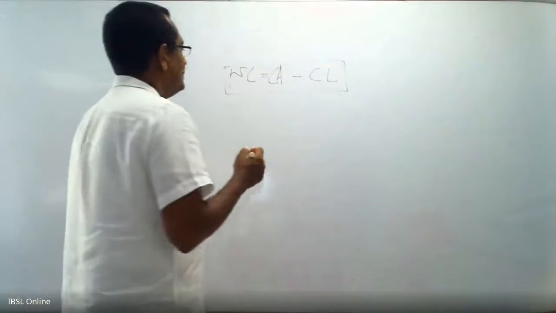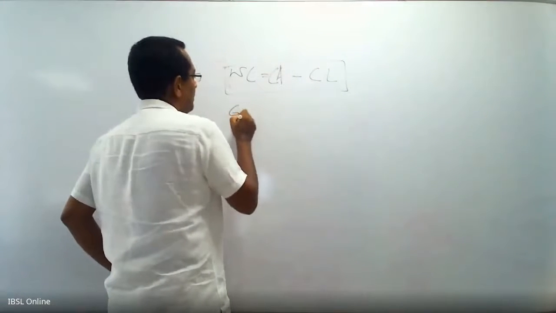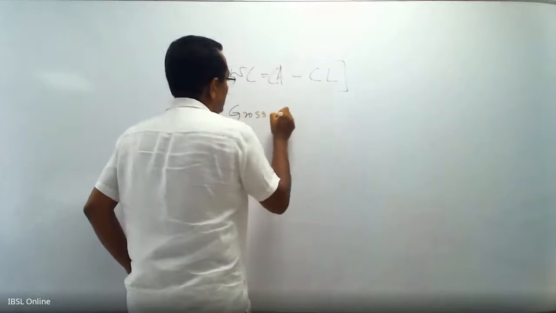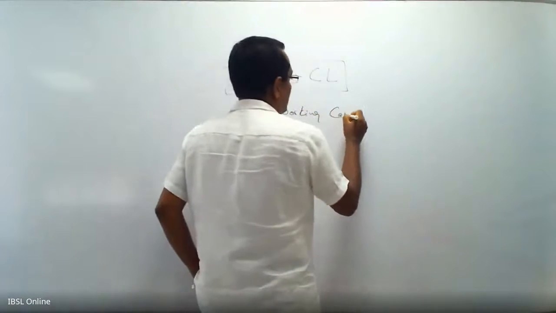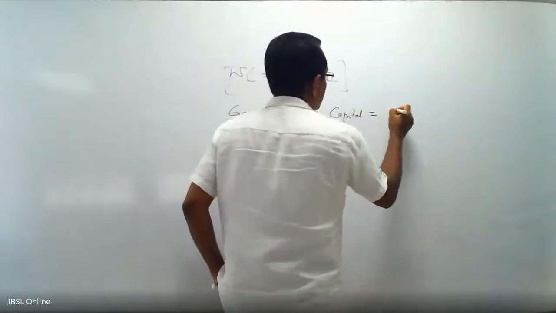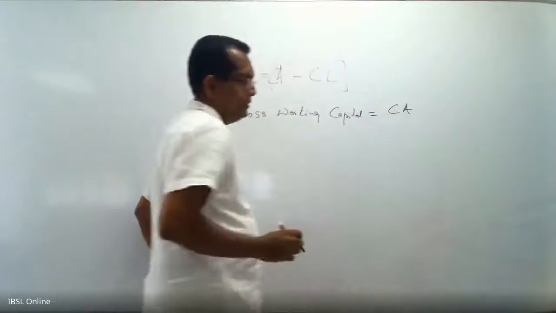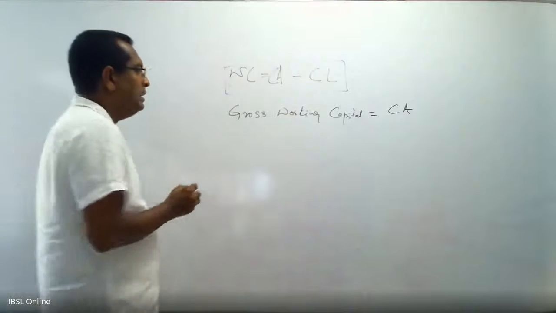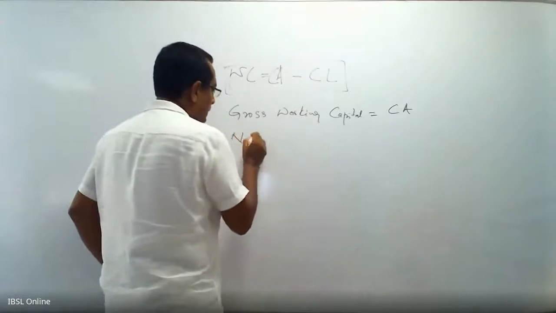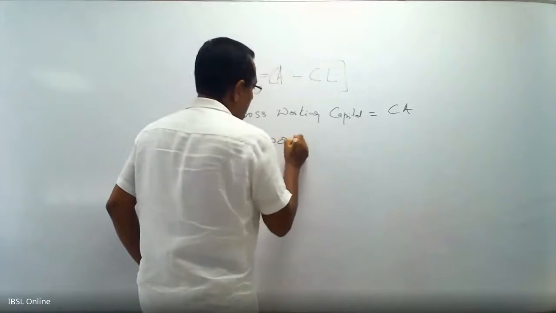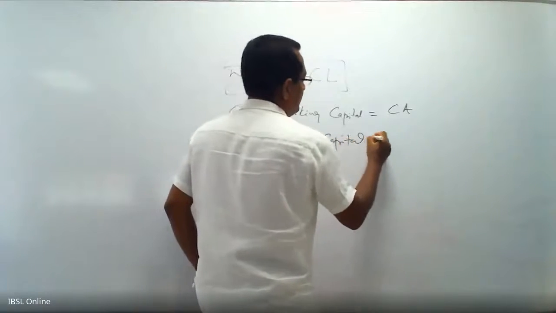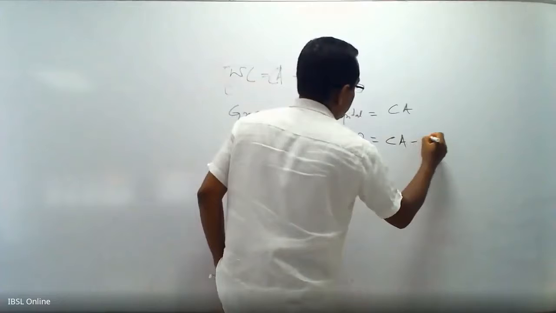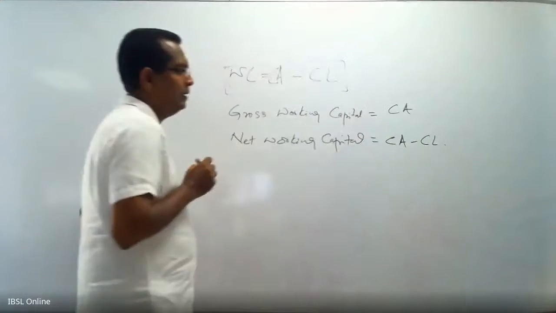Right? So we have gross working capital, which is equal to current assets, right? Then we have net working capital, which is equal to current assets minus current liabilities.